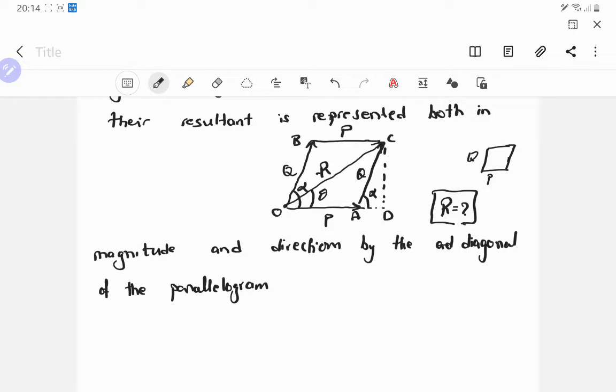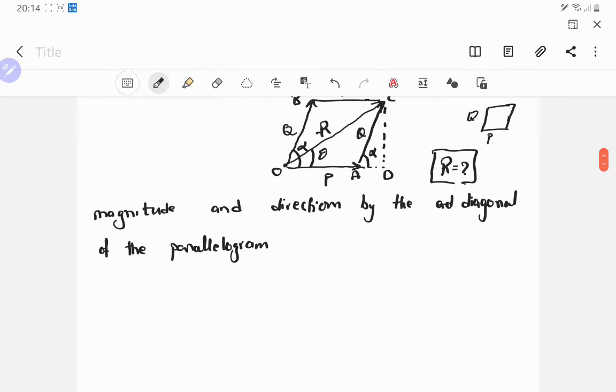Now, to bring out the value for the resultant, I am using the triangle ACD, which is a small triangle.